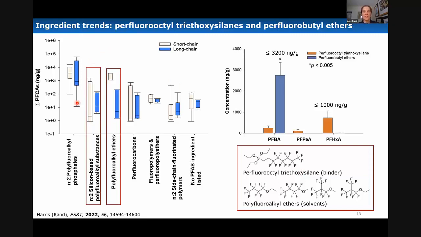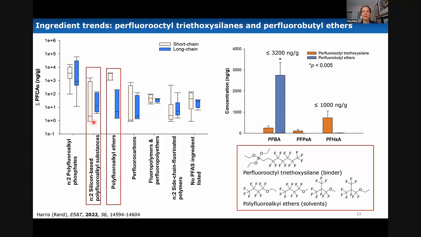So in addition to the PAPs, there were a few other ingredient classes that also had a fluorotelomer-based moiety. This is the result that showed the total PFCAs in all of the ingredient classes. And you can note that for both short chain and long chain PFCA levels, there is a wide range of PFCA concentrations in all product classes, which left our hypothesis fairly unsupported.